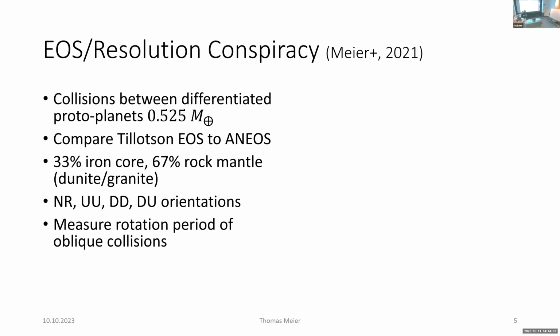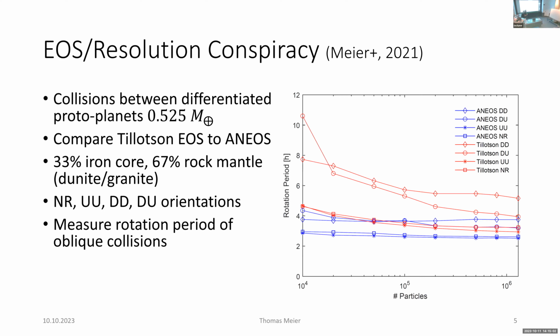What we did was measure the rotation period of the end product of these collisions. And we see in red the results from Tillotson and in blue the results from ANEOS, depending on the resolution of the simulation, the number of particles in the simulation.